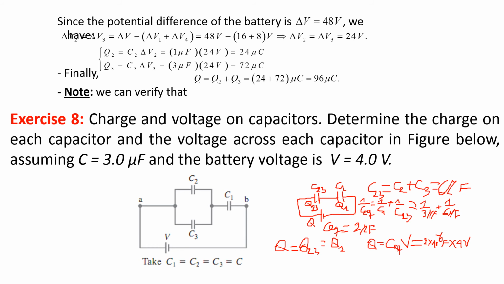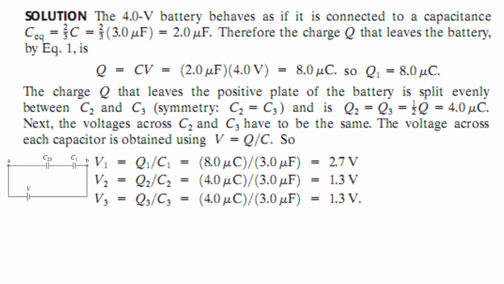Here we need to first express the capacitance in SI units and convert microfarad into farad. 1 micro equals 10 to the power minus 6. It's the reason why this charge equals the charge Q1 stored by capacitor 1, which is equal to the charge stored by the parallel combination, equal to 8 microcoulomb, as shown in detail here.